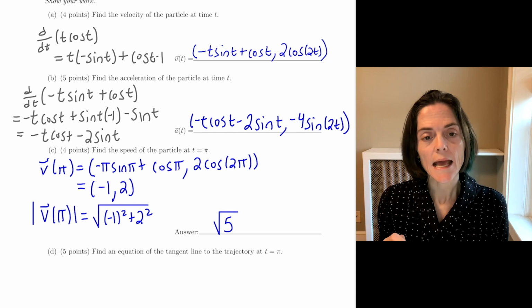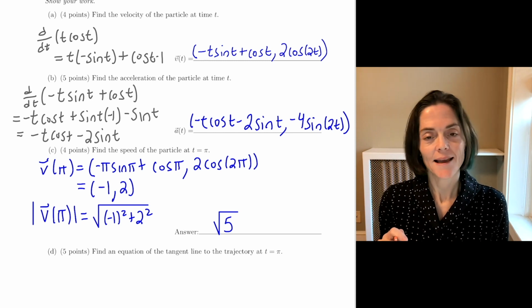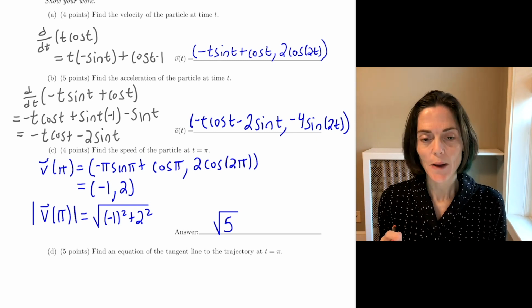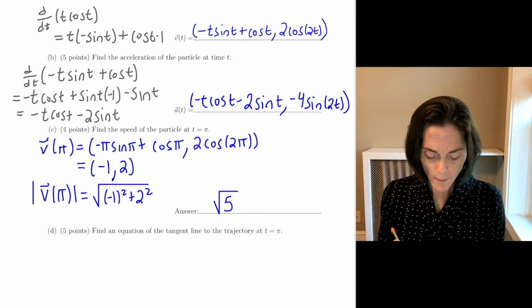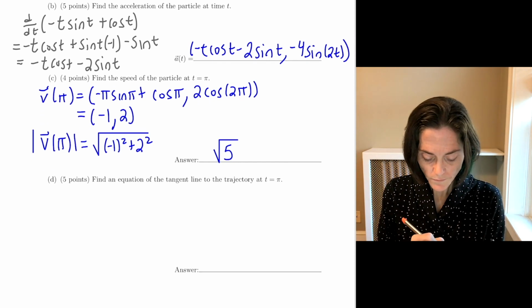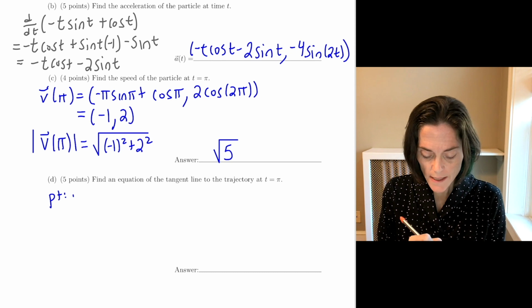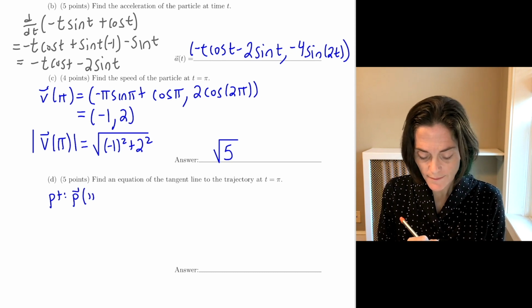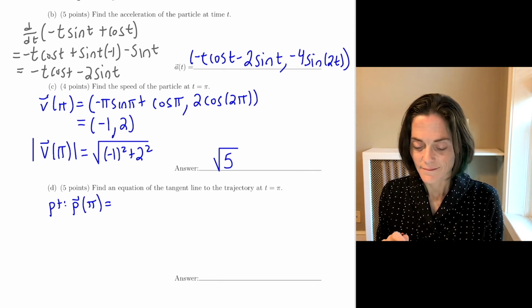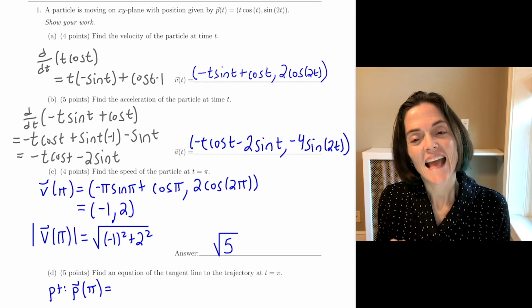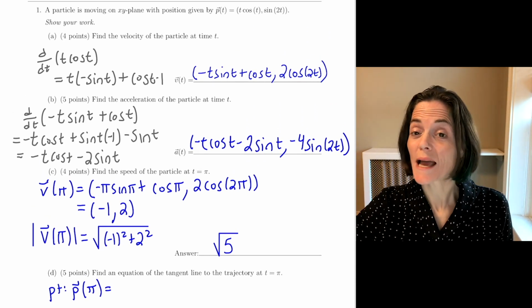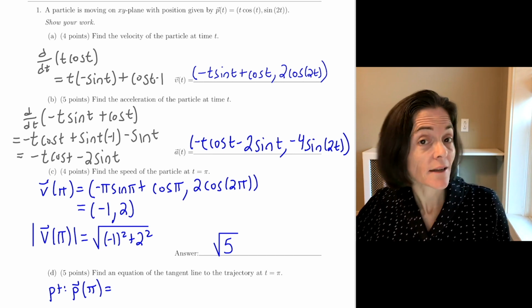Now, last part, we want an equation of the tangent line to the trajectory at t equals pi. Well, first of all, we need a point. This we just evaluate. This will be pi cosine pi, comma, sine of 2 pi.